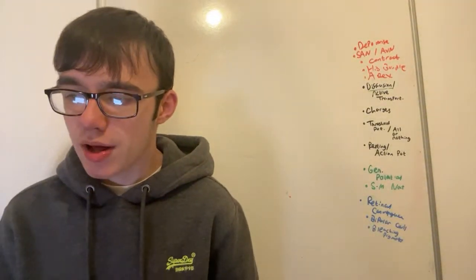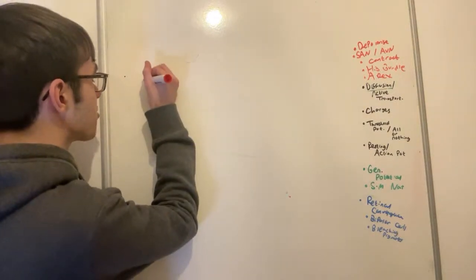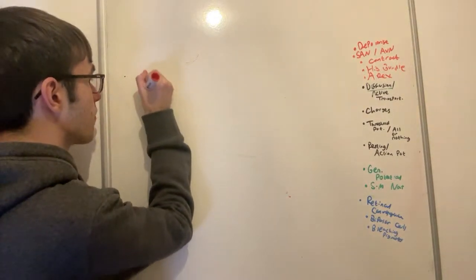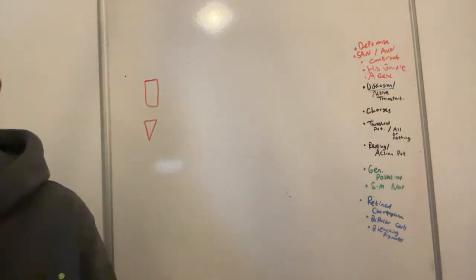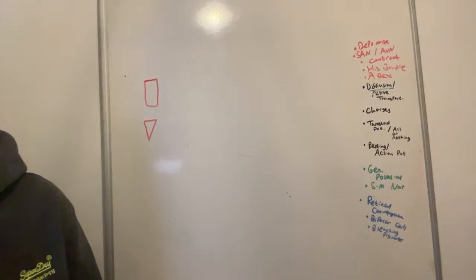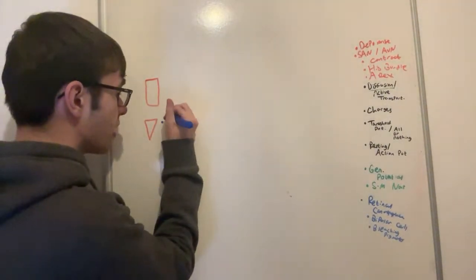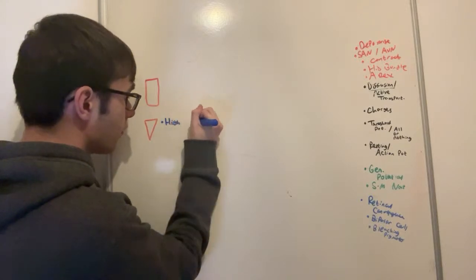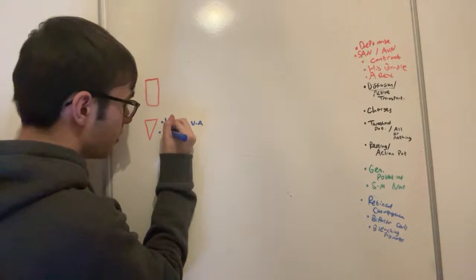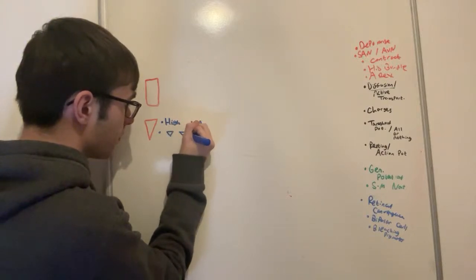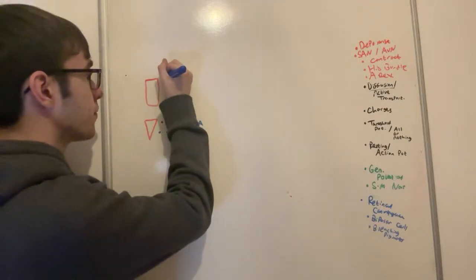Cool. So, the point we need to get there is with rods and cones, the idea is rather simple. With cones, they have a high visual acuity because each cone is connected to a single bipolar.